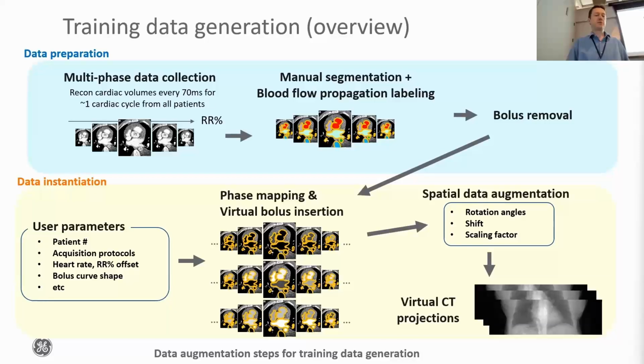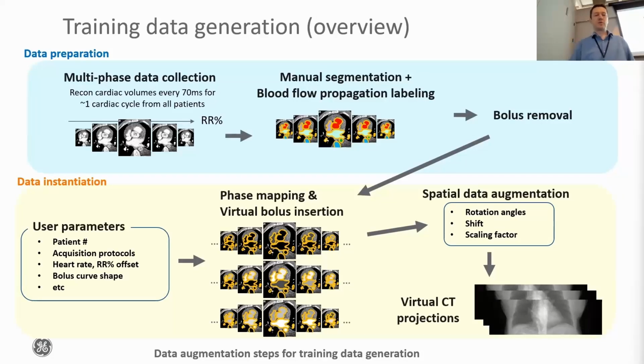When it comes time to actually use it, there's a series of user parameters. You pick a patient, acquisition protocol, heart rate, bolus curve shape, and so forth. And the software takes the images with the bolus digitally subtracted and adds in, according to the user specified parameters, the bolus and propagates it through.